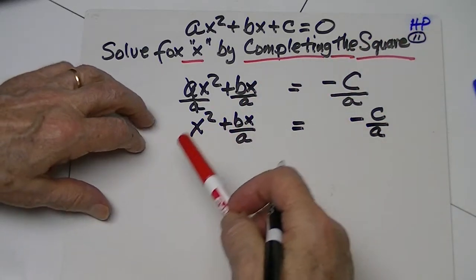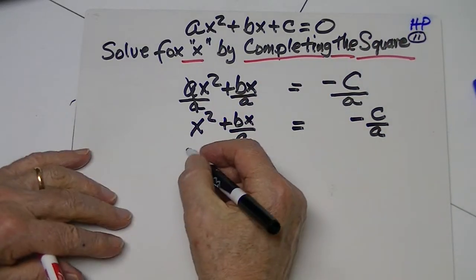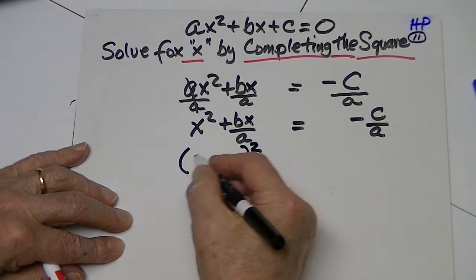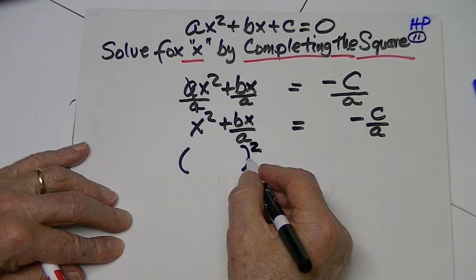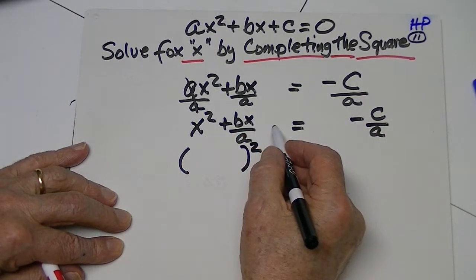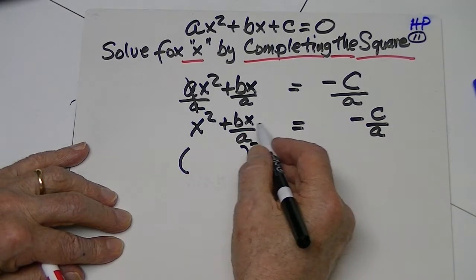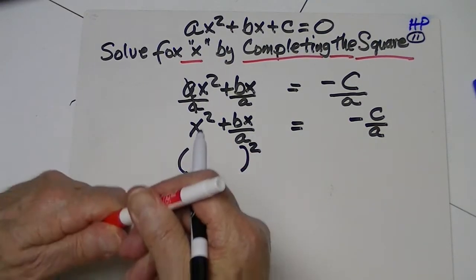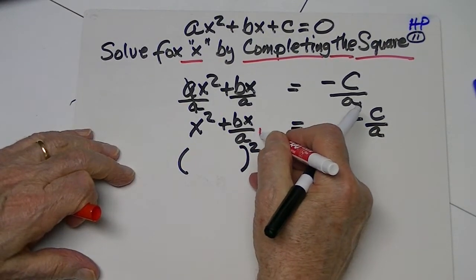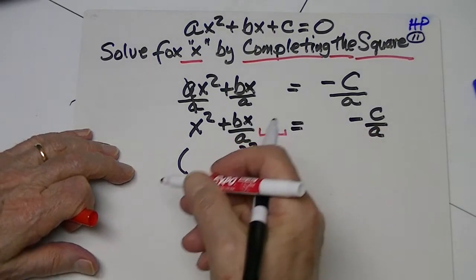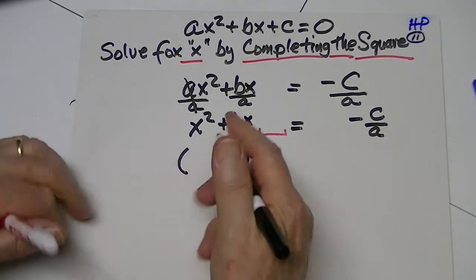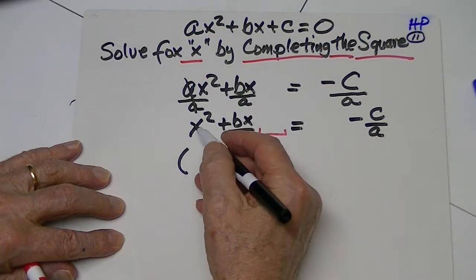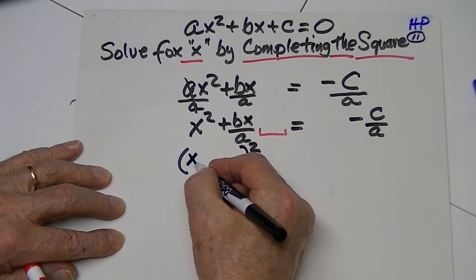Now what we need to do is find what would be a binomial that when we squared it would become this expression, which would be a perfect square trinomial. But notice we're missing the c term here. So there is a technique to do that, and in starting to factor this, we're going to put an x here.